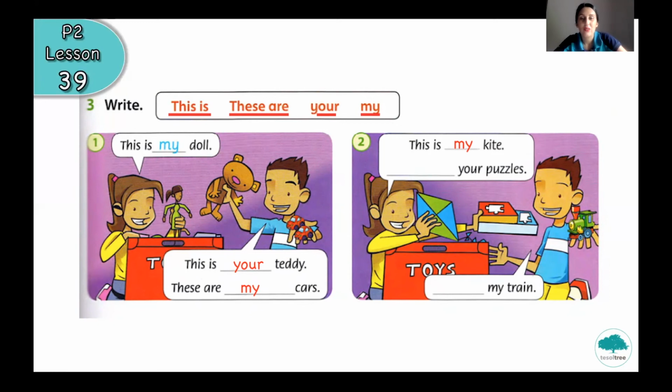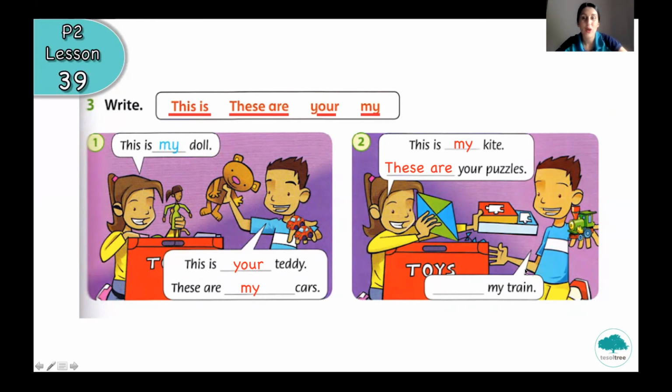Good. And now let's read another sentence. Your puzzles. Your puzzles. What should be in the beginning, P2? Can you guess? So the girl gives puzzles to a boy because these are your puzzles. He says these are your puzzles and she gives the puzzles to the boy.